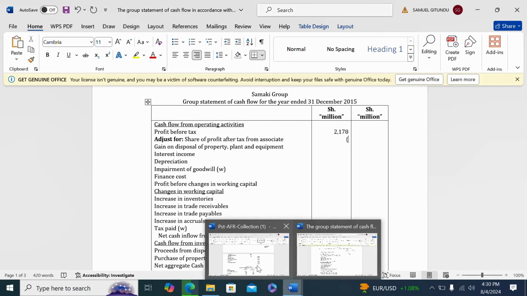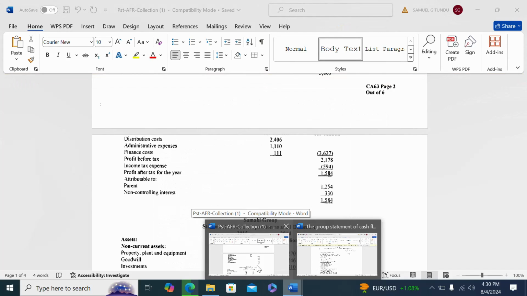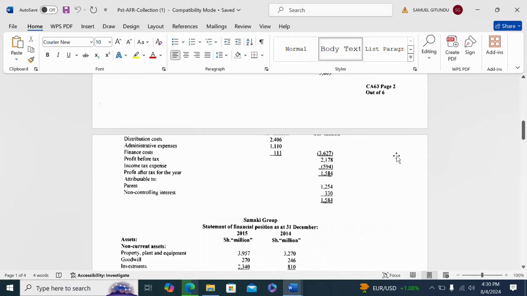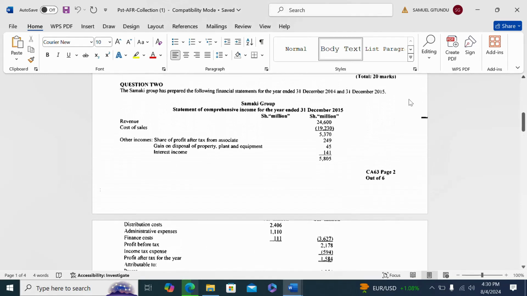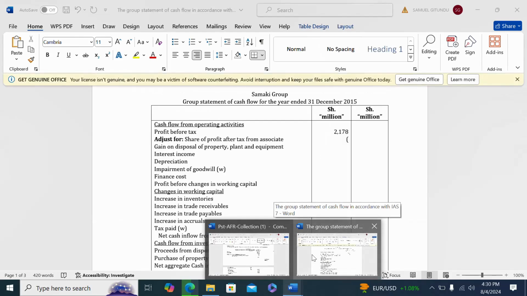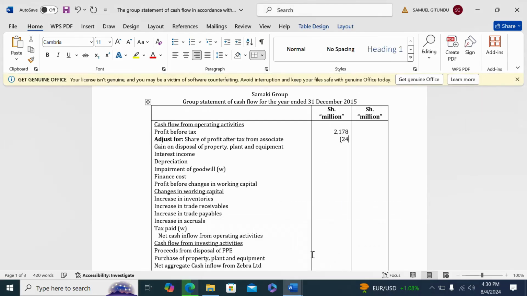We check the share of profit after tax for the year, which was 249 million. So we deduct 249 million.